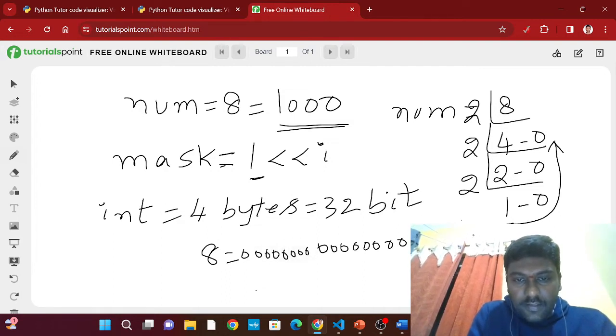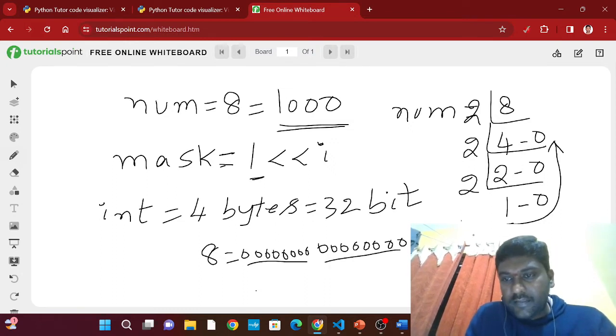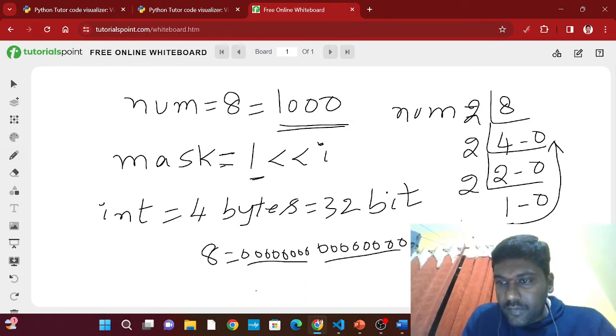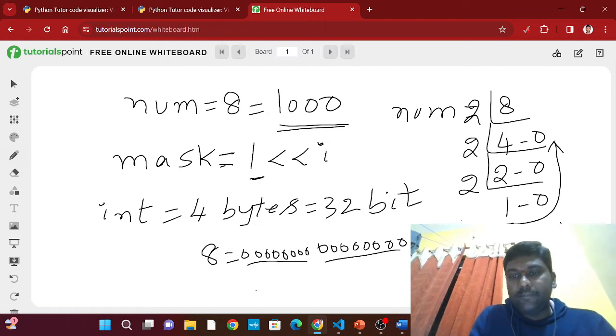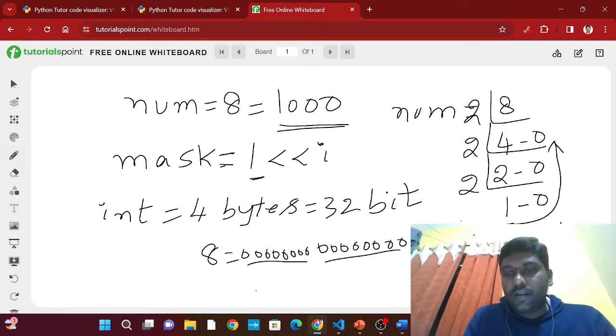So this is 8 bits, 16 bits, 24 bits, and 4 zeros. So this is the 32-bit representation for number 8, which is 32 bits for an unsigned int.